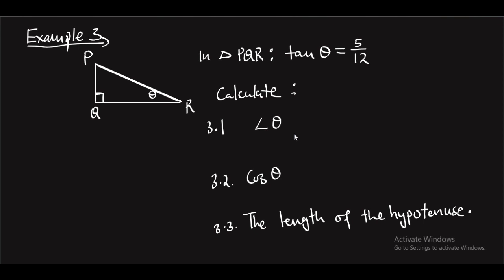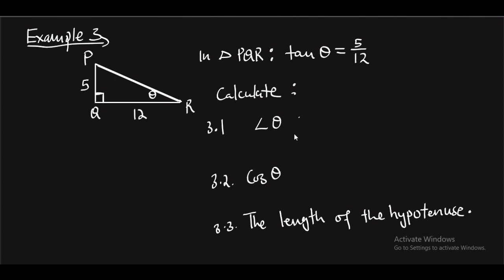This side PQ is opposite to theta, so it's going to be 5, and then over adjacent. This QR is adjacent to theta, so it's going to be 12. And then they say calculate angle theta.